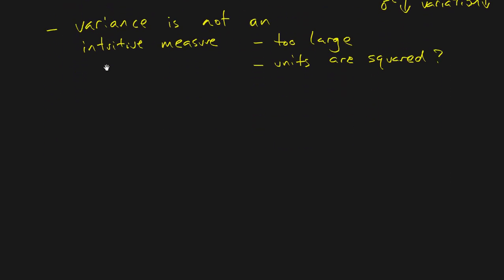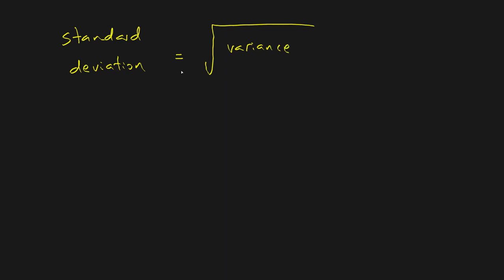So the standard deviation takes the variance and it takes the square root of it. Actually, let me take a second and just point out that this relationship, the standard deviation equals the root of the variance, is an important relationship that is going to stay true throughout the entire course.